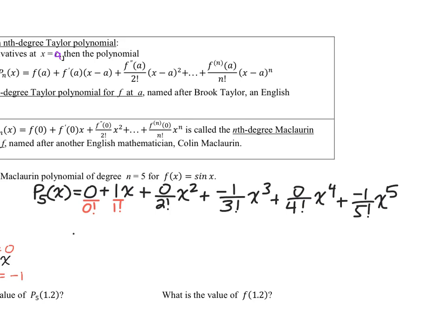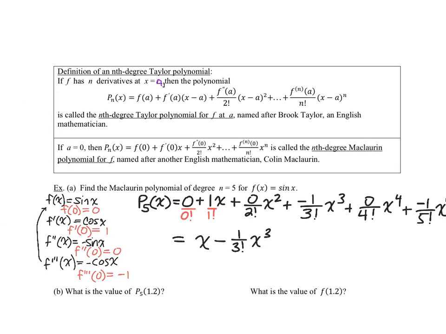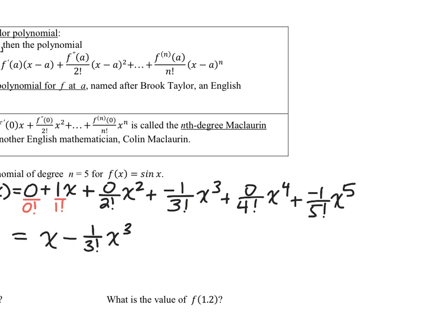So this simplifies down to x minus 1 over 3 factorial x cubed. Just double checking. Yeah, I knew I messed it up. It should be positive on the 5 factorial, because I restarted the cycle, I just got my wires crossed. And I'll explain how I knew in a second.